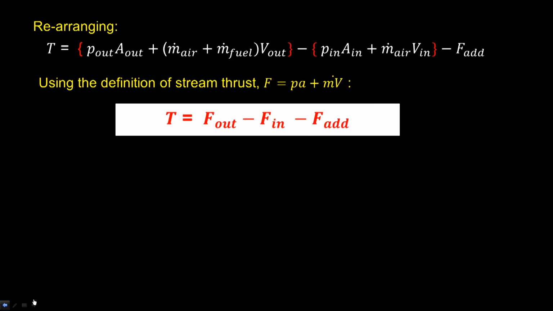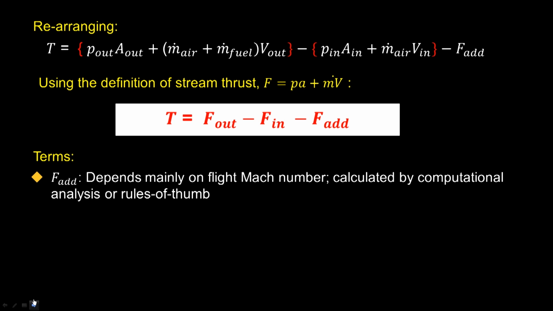So how do we calculate all these terms? So first of all, the additive drag. Now, this term is associated with, if you remember, the shape of the control volume, essentially, both on the inflow side and the outflow side. It typically depends strongly on flight Mach number.